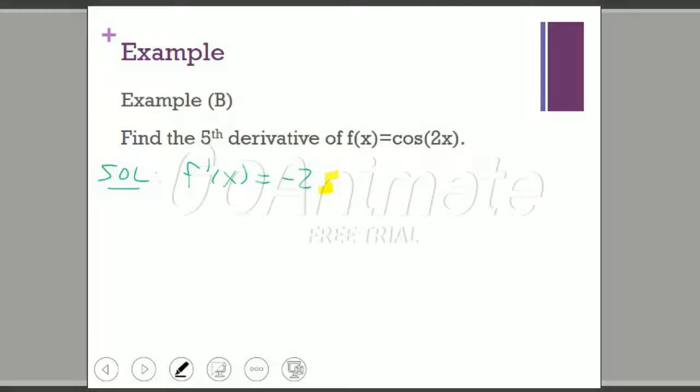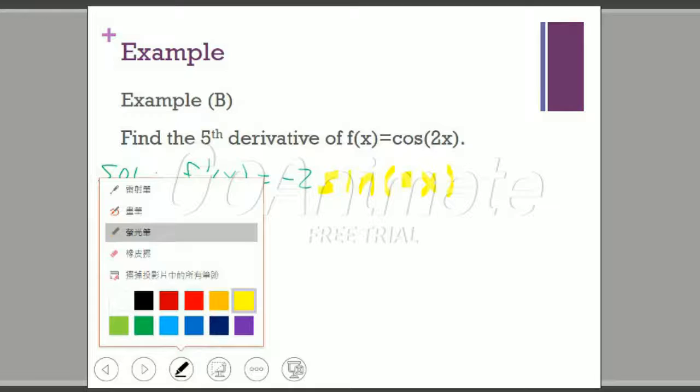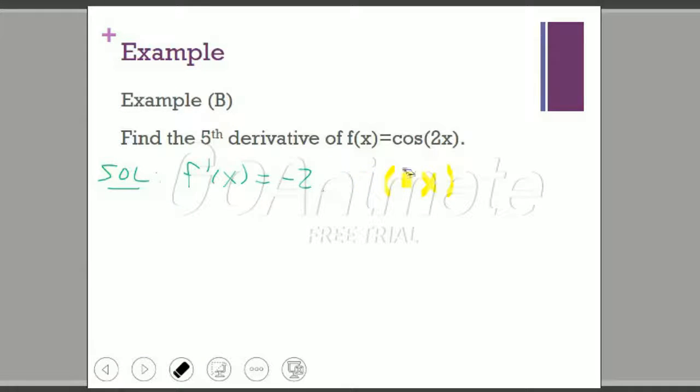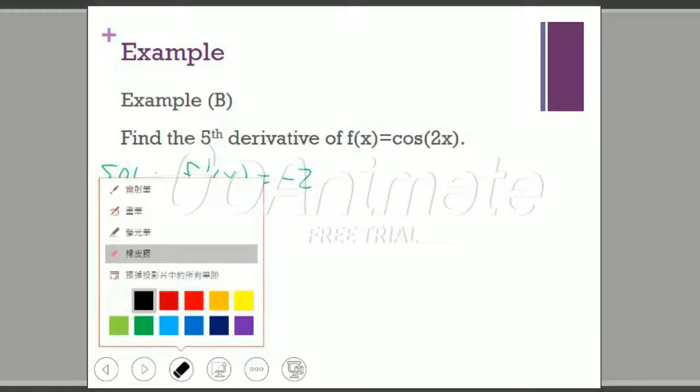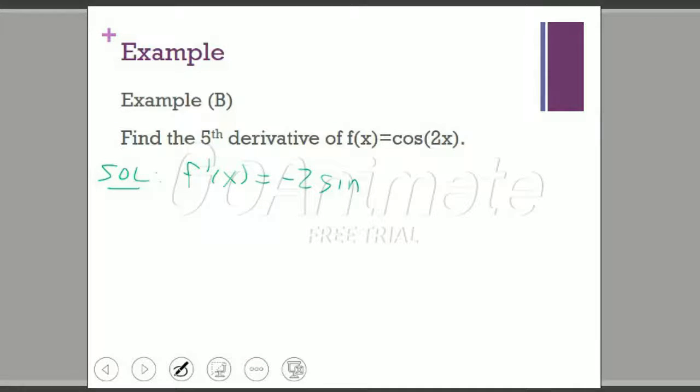Sine 2x. And the second derivative, minus 2 times 2 is just minus 4 cos 2x by chain rule again.